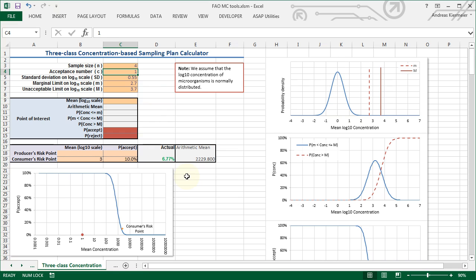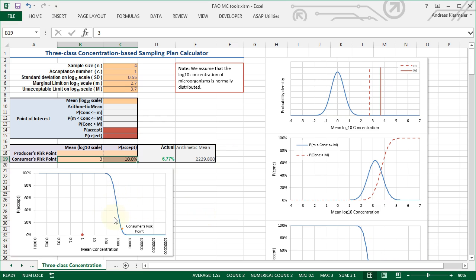At this point in time, you're basically finished, unless the sample size that you've calculated here is in fact too large for practical reasons. And in this case, you would want to relax either the mean by increasing it, or the probability of acceptance by also increasing it, or possibly by increasing both of these criteria as part of the consumer risk point to make a plan with a smaller sample size more likely to meet this risk point.